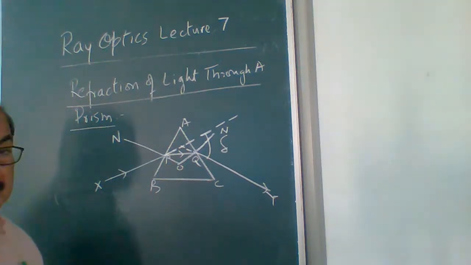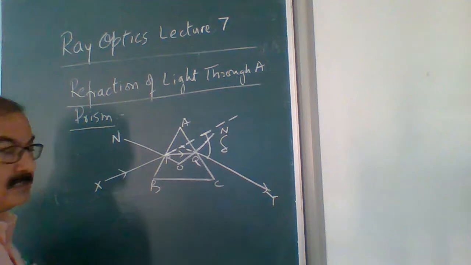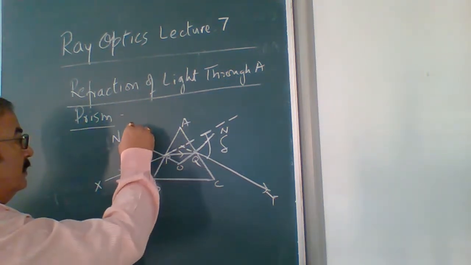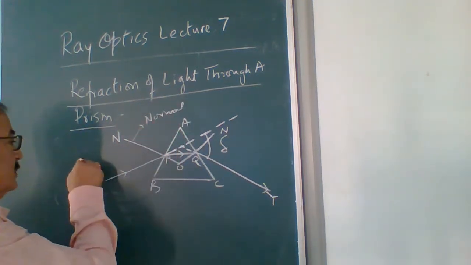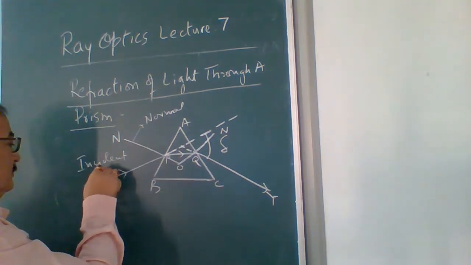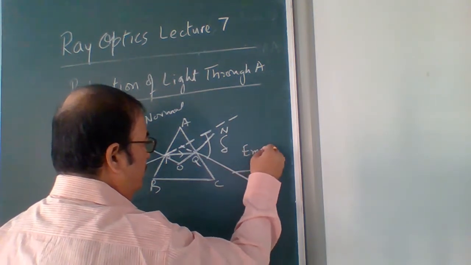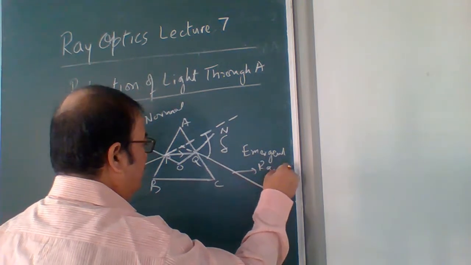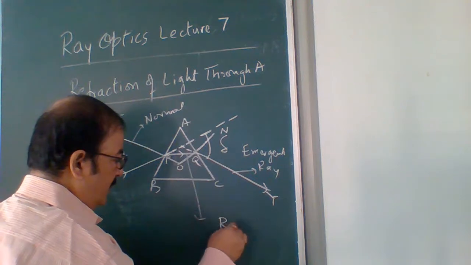XP is the incident ray, and NPO is the normal. This is your incident ray, this is your emergent ray, and this one is your refracted ray.